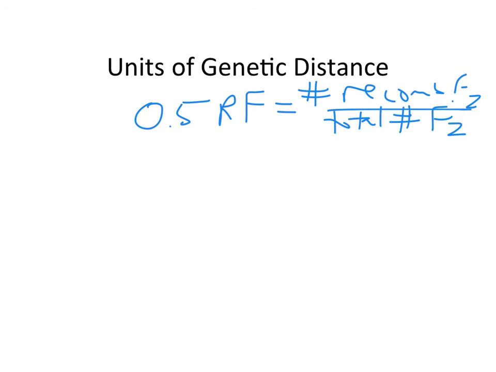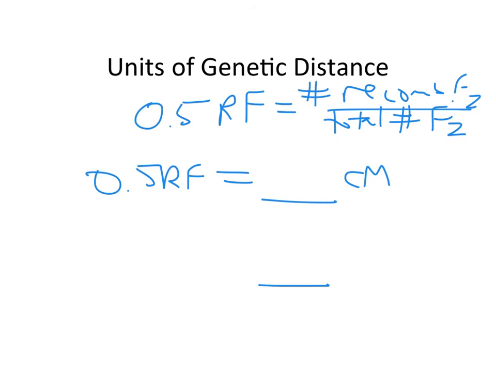I really do honestly and very sincerely apologize on behalf of my profession. We're giving you three very closely related units that we use interchangeably. So it's regrettable. I wish we had standardized on one, but we didn't. So 0.5 recombination fraction, how do we convert that to centimorgans, and how do we convert that to map units?